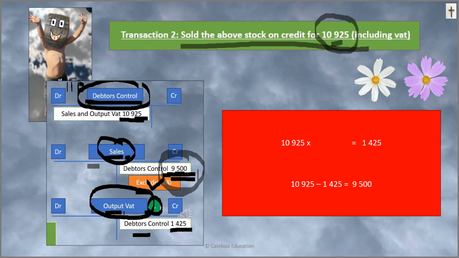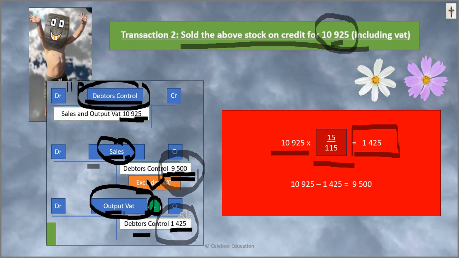So in order to calculate the VAT amount, I say 10,925, the inclusive amount, the selling price including VAT, times the VAT fraction, 15 over 115, and that gives me the VAT amount of 1425. So the output VAT is 1425.